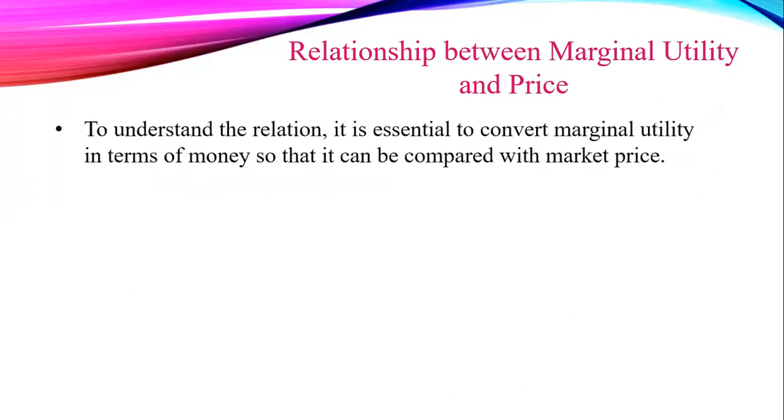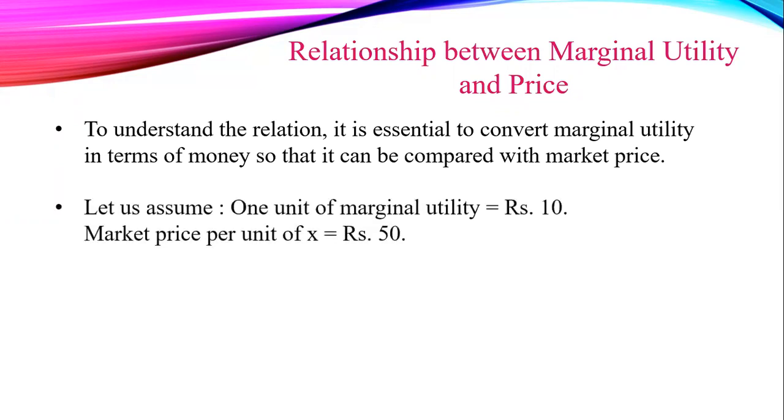To understand the relation, it is essential to convert marginal utility in terms of money so that it can be compared with market price. Let us assume 1 unit of marginal utility is equal to rupees 10 and market price per unit of X is equal to rupees 50.